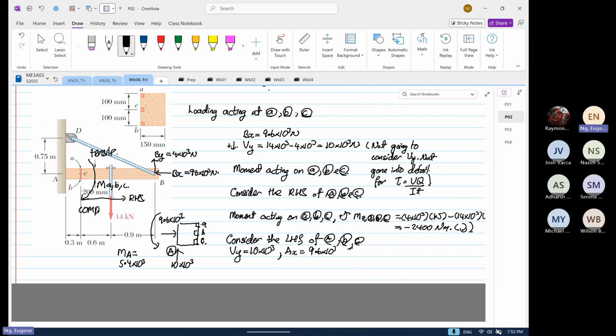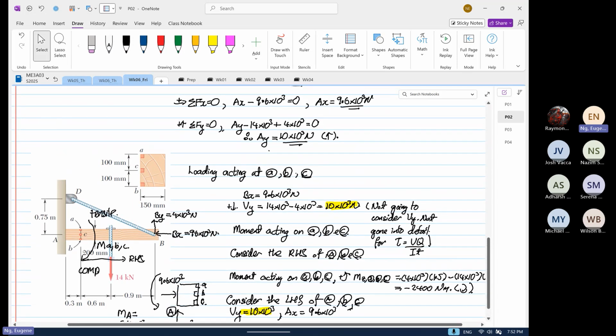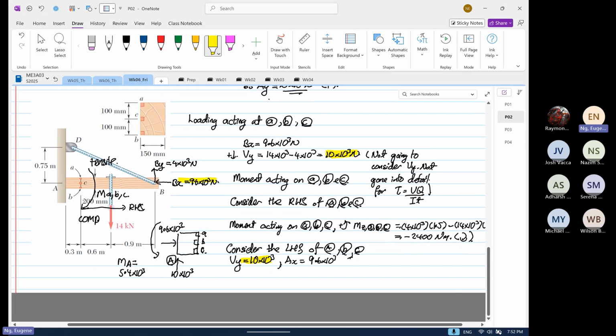Just to highlight, what do we have earlier? We also have Vy equal to 10, and Vx, which is 9.6. It's the same thing, and the moment is actually the same.